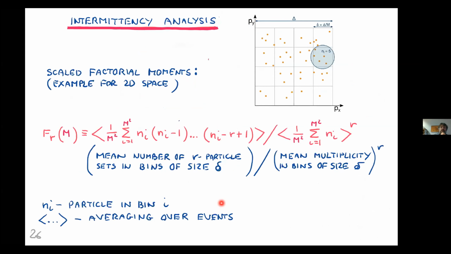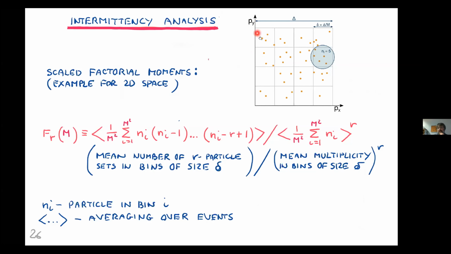So what do we do here? This is an example which we now follow in NA61 and NA49 followed before. You have transverse momentum space, px and py; pz is along the beam direction. We divide this two-dimensional space into square boxes. These are pixels here, of small size delta.